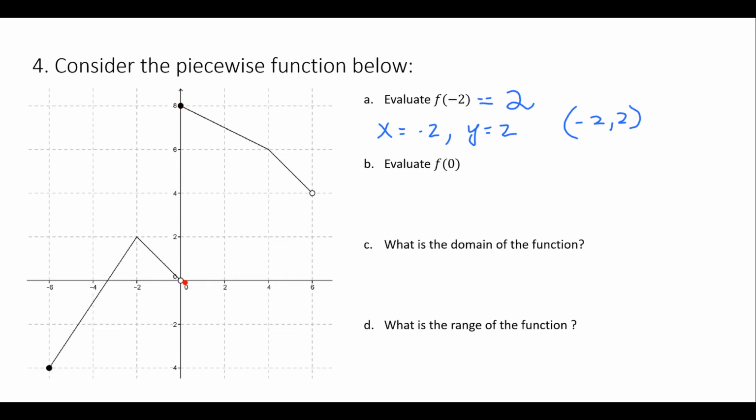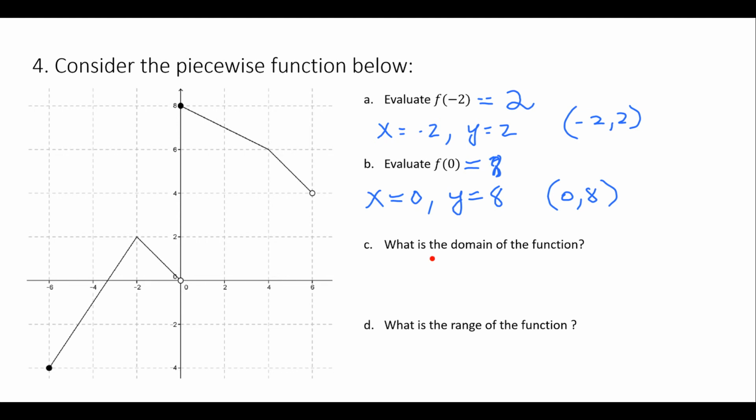So when x equals 0, the function value is actually 8, because the function exists right here, not right there, since that's an open circle. So the answer is, when x equals 0, the function does have a value, and it is 8. This is the same thing as writing when x equals 0, y equals 8, or the point (0, 8).